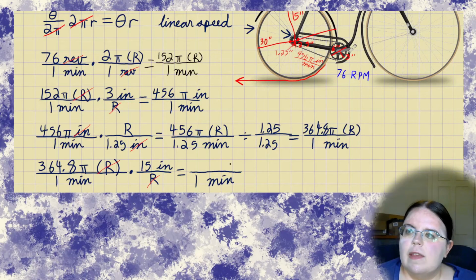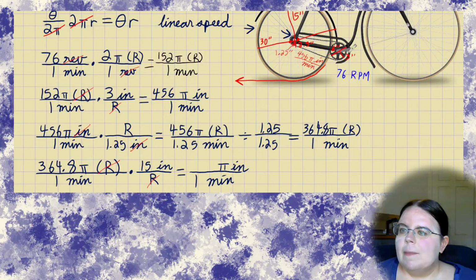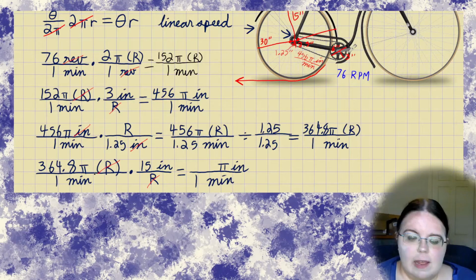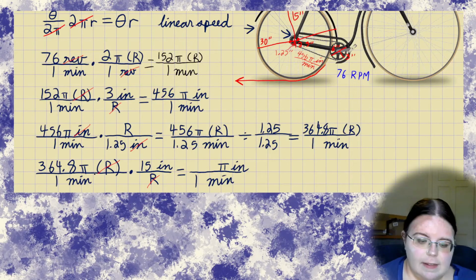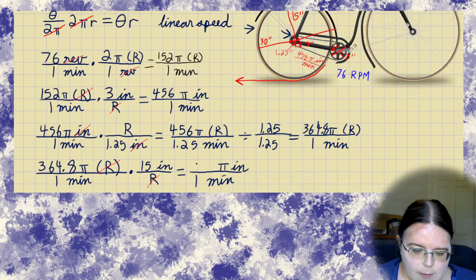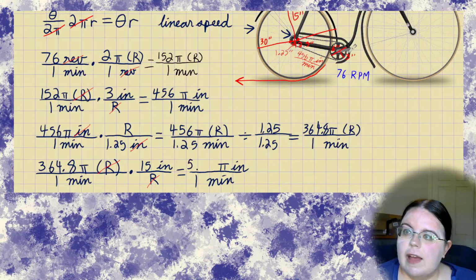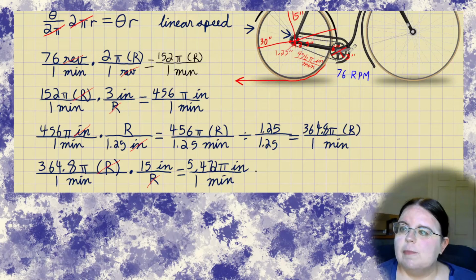And our length in this rate is going to be some number of inches, and it will be some rational constant multiplied by pi. That rational constant will be 364.8 times 15. Again, excellent calculator problem. And I get from that 5,472 pi inches per minute.